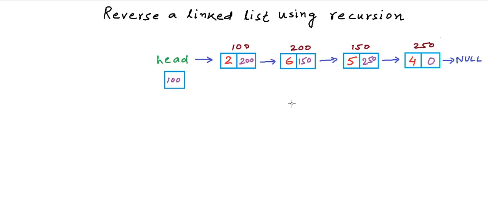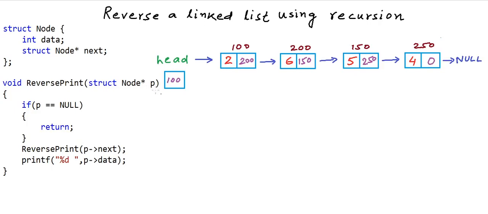If you remember from our previous lesson where we had used recursion to print the list backward, print the elements in reverse order, then recursion gives us a way to traverse the list backward. In our C or C++ program, programmatically node will be a structure like this. So let's first look at the recursive function from the previous lesson that was used to print the list backward. To this function we pass the address of a node.